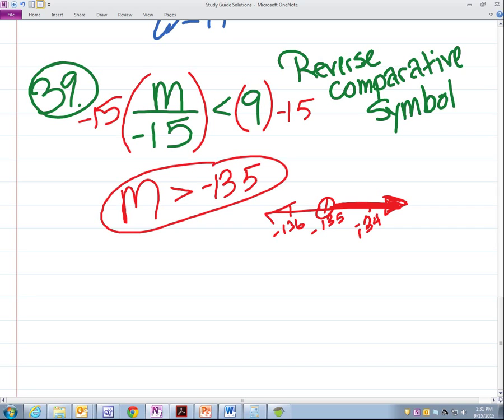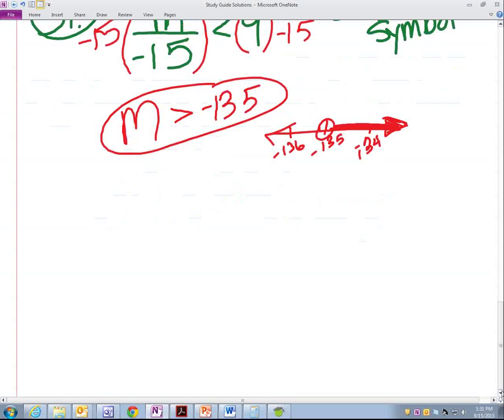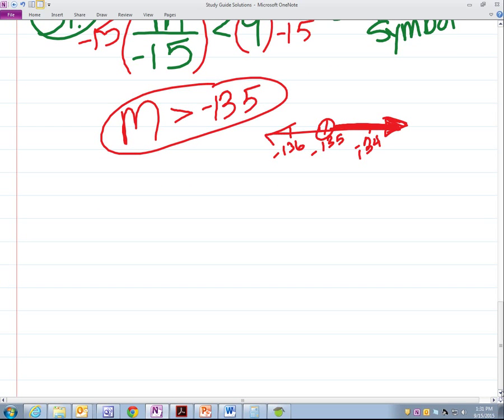So I'm going to check the answer for accuracy. In order to check it, I'm going to find a value that's colored in. I'm going to choose a value. So someone give me a value that would fall on that line. Yeah, negative 141. That's over here, though.